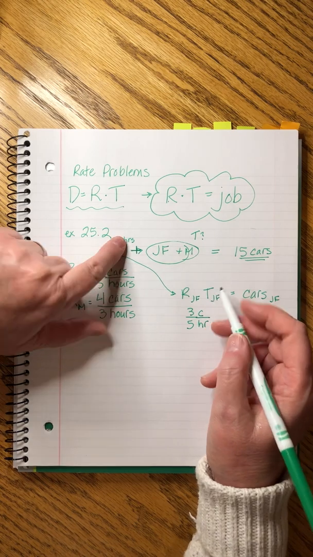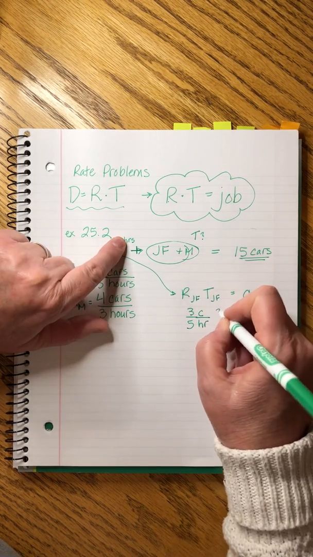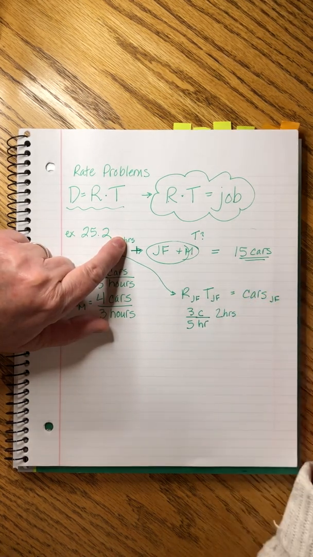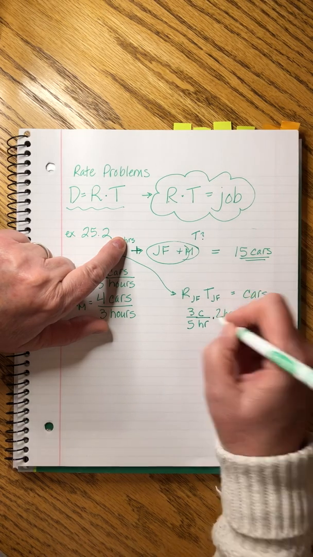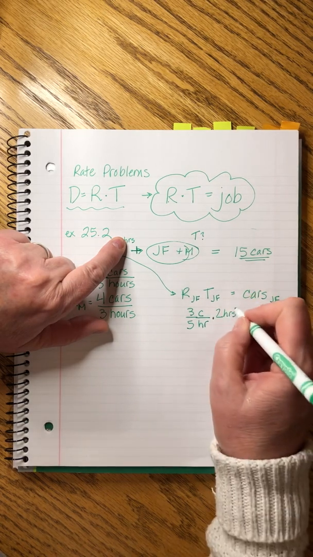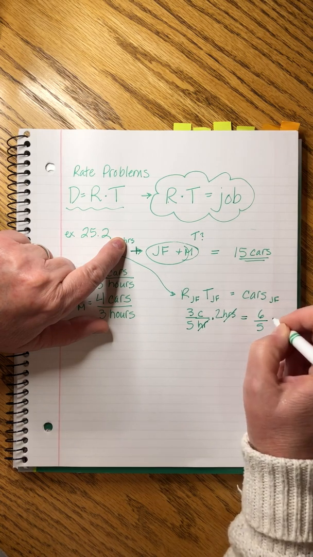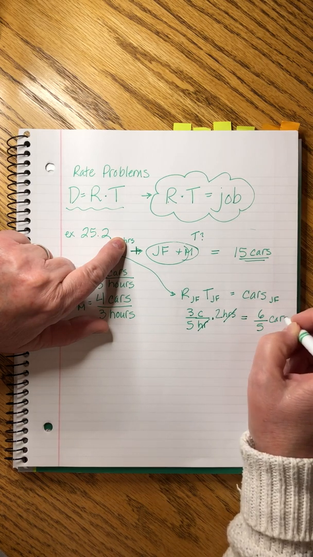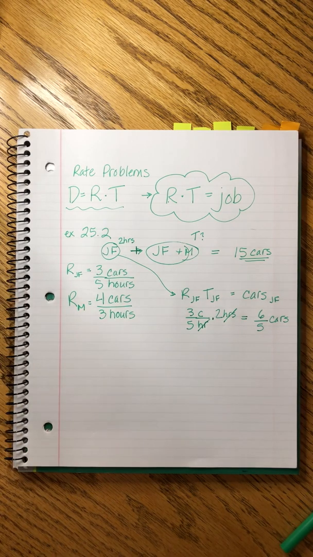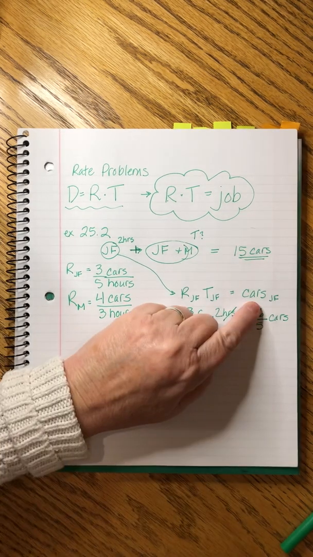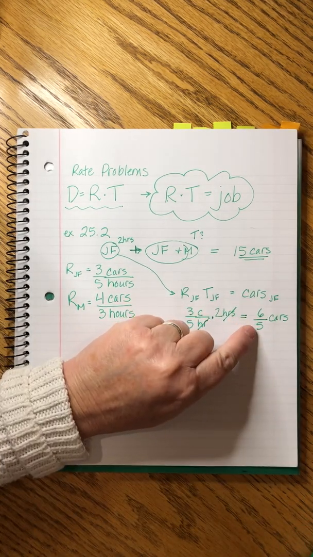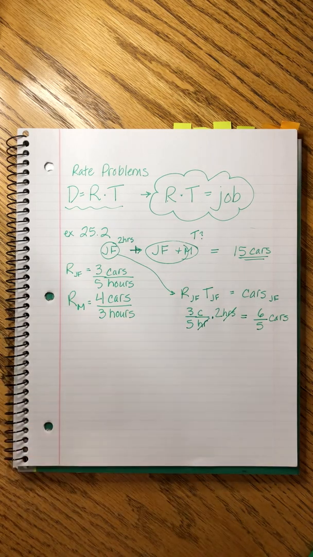The time is 2 hours. So that means if I multiply those together, the hours cancels and I get 6/5 cars. What? Okay, what does that mean? That means he'll finish 1 car and he'll be 1/5 into the next car. That's kind of weird, isn't it? That seems odd.